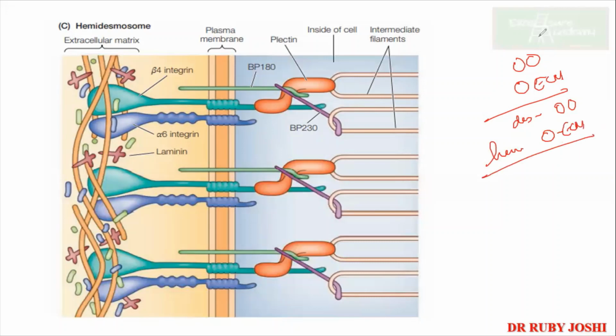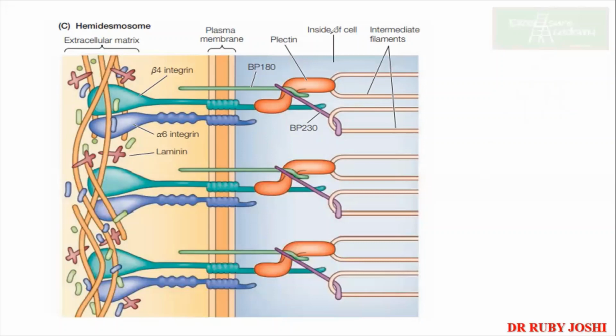Okay, now let's see how hemidesmosome is formed. So again, intermediate filaments. Let's start from here. This is your cell, and this whole area is your ECM.